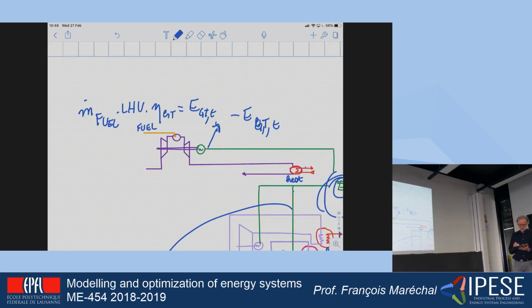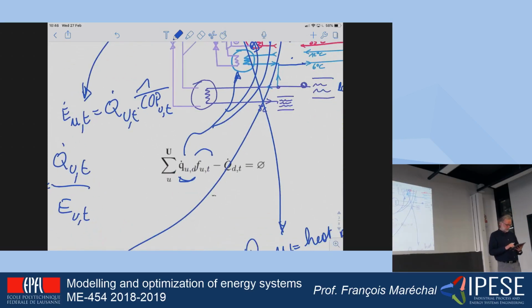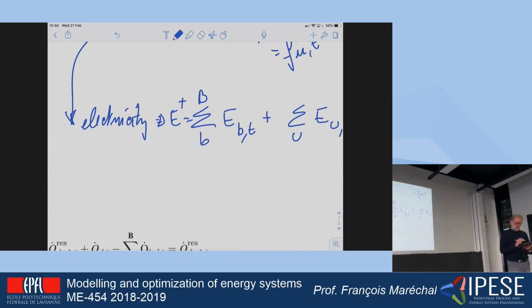So this is the way I will calculate the contribution of the electrical consumption of the gas turbine, which will allow me in reality to calculate the fuel consumption. And once I have the fuel consumption, then I will have the cost of operating at time T. And the same when I will go here, and when I will know the amount of electricity that I need, then I will have the cost of the electricity that I need to buy to feed my system.